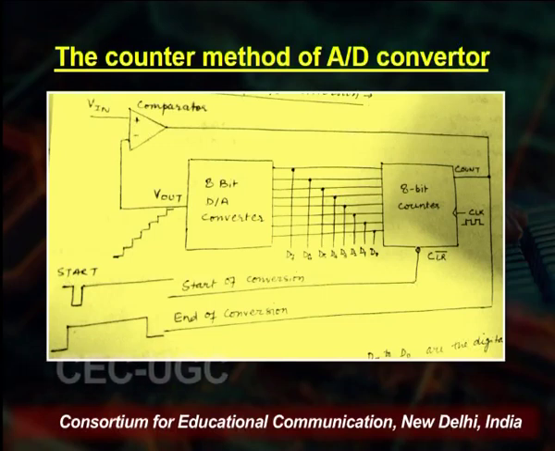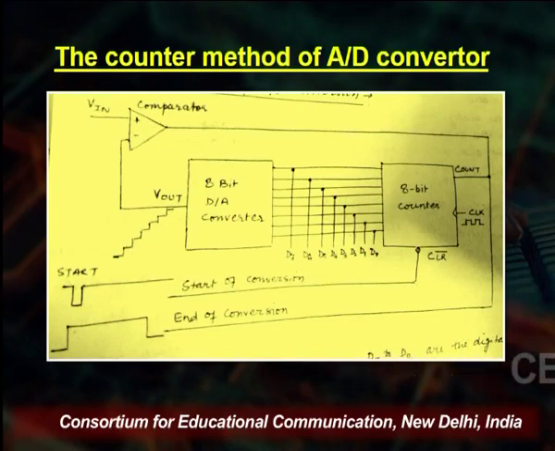And therefore, this change from positive saturation to negative saturation stops the counter from counting any further, and we have the output from the counter in terms of digital output D7, D6, D5, D4, D3, D2, D1, D0 as equal to 5 volts in decimal.